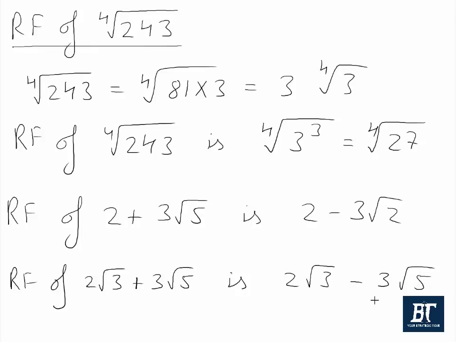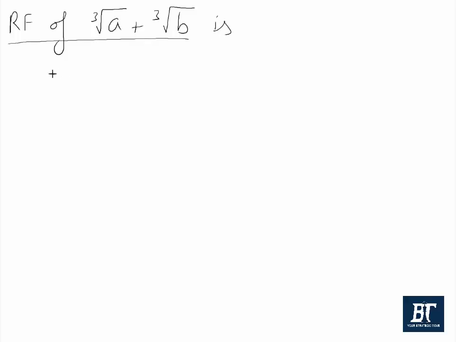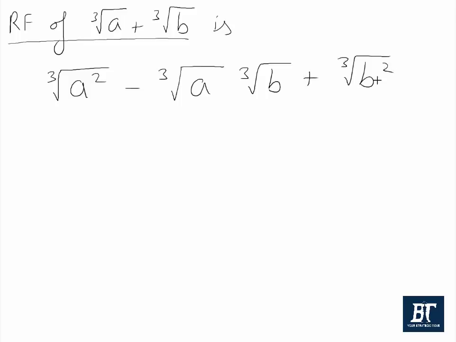So if you realize, generally we change the sign here from plus to minus, and you can also see that when you multiply these two, you get a rational number. Rationalizing factor of cube root a plus cube root b, this is cube root of a square minus cube root of a cube root of b plus cube root of b square.